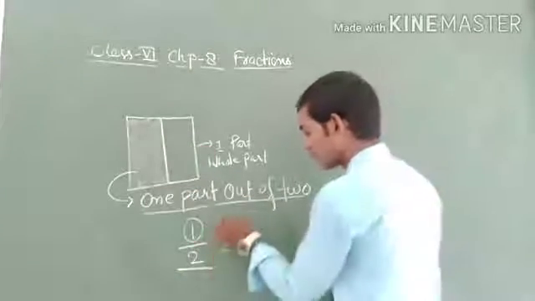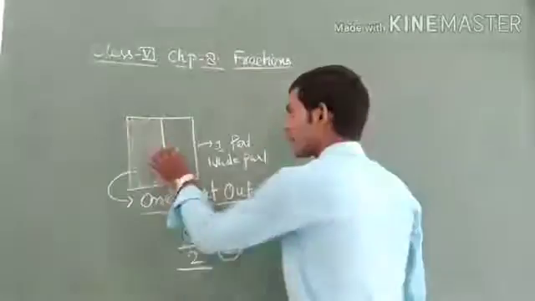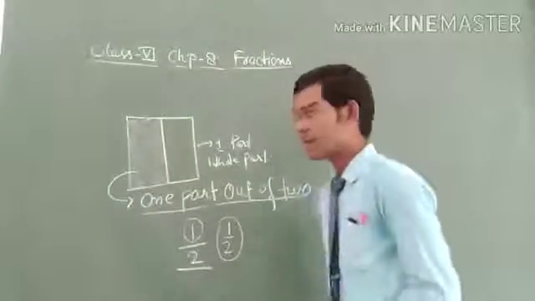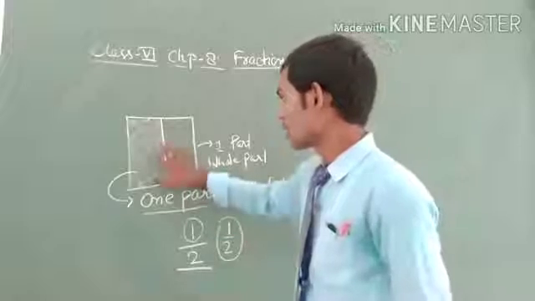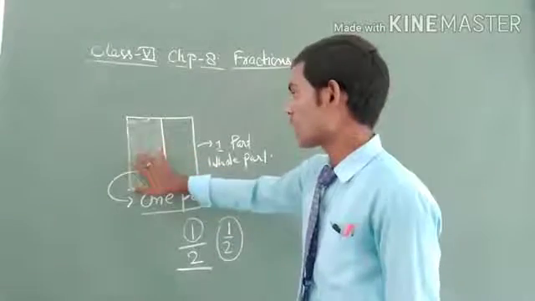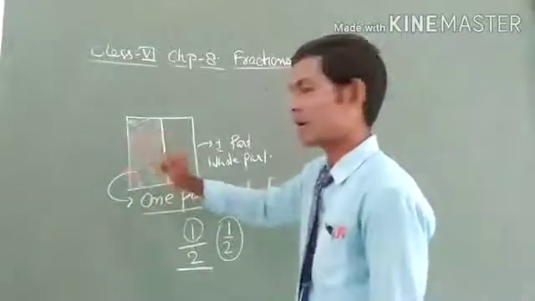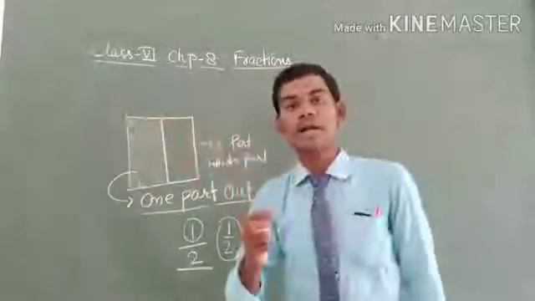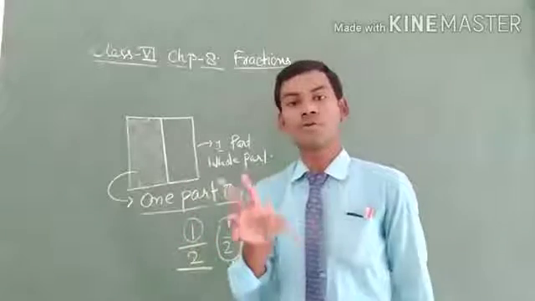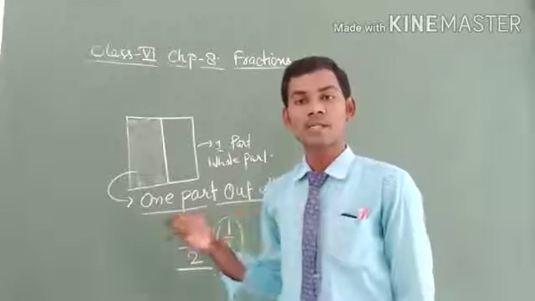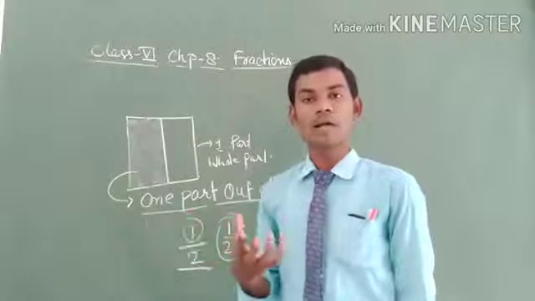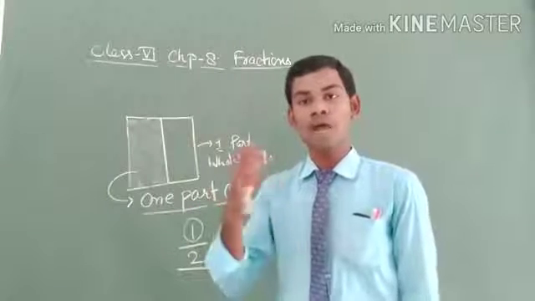In the figure, one part out of 2 is shaded, which means the half part, because I divided the square into two equal halves.